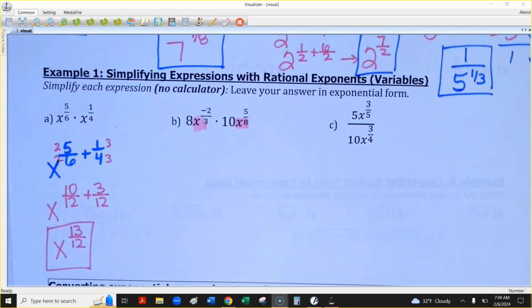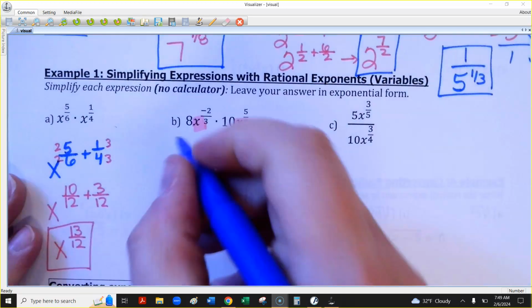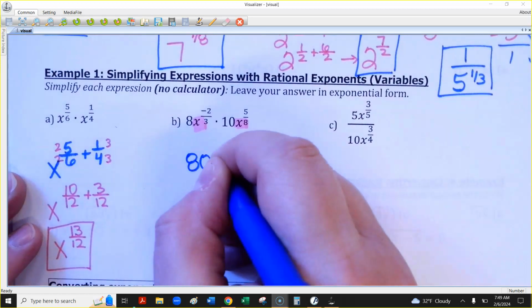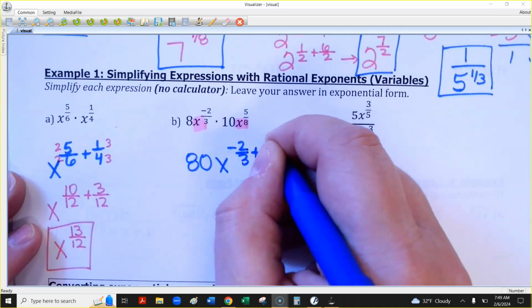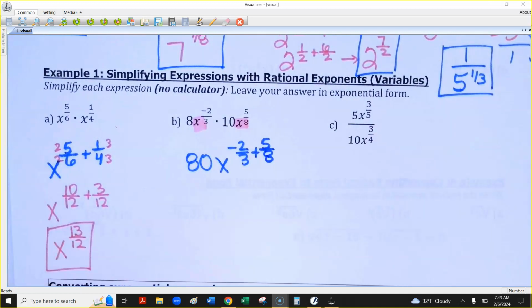Just multiply the numbers, all right? Multiply the numbers, and I'm going to add the exponents on the letters that are the same. In this case, my bases are both x. So you're going to have an 80 out in front, and then we're going to combine those two fractions. Let's see, what can we use as a common denominator between 3 and 8?